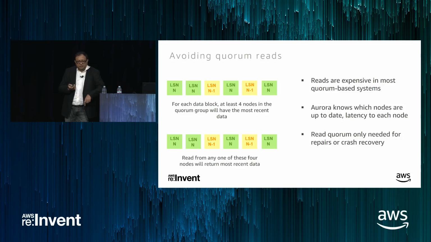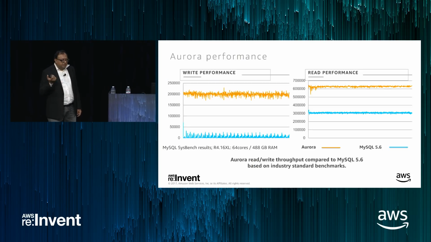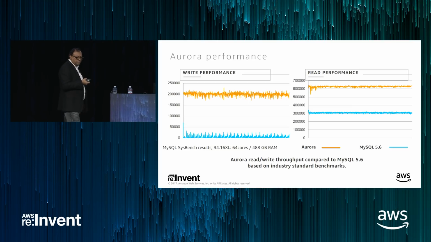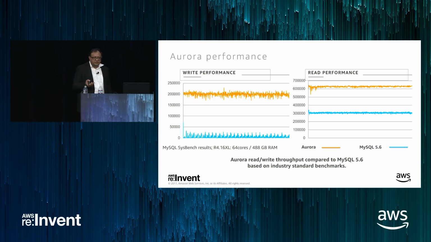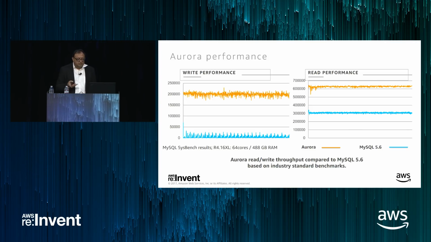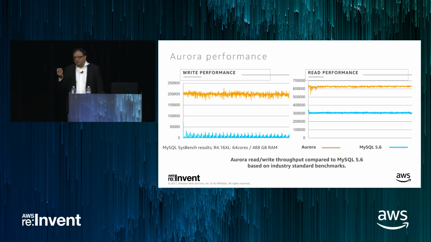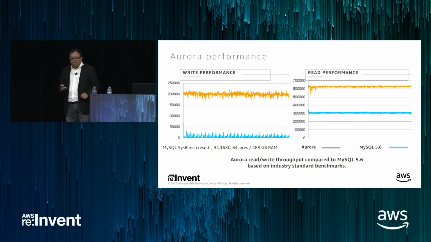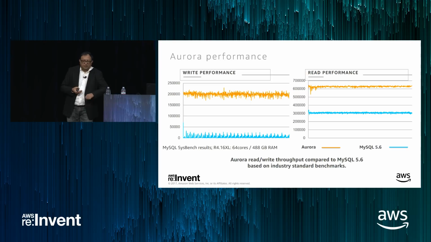Let's move away from distributed systems and just talk about why we care, right? We care because it's faster, right? And so here are some numbers on Aurora compared to MySQL 5.6, based on the Sysbench benchmark using the R4.16XL. I've shown a variant of the slide in the past. It used to show 500,000 reads per second and 100,000 writes per second.